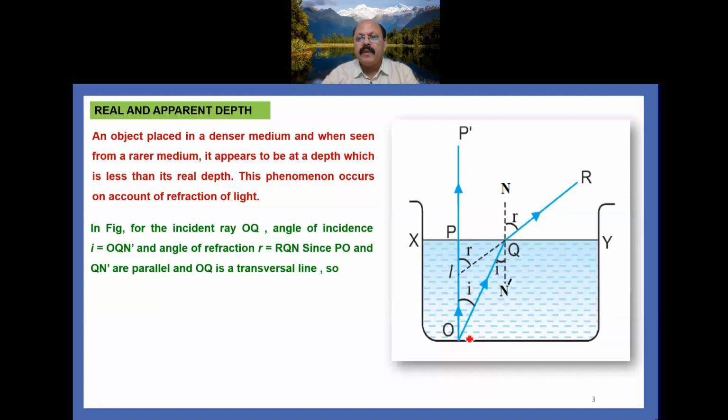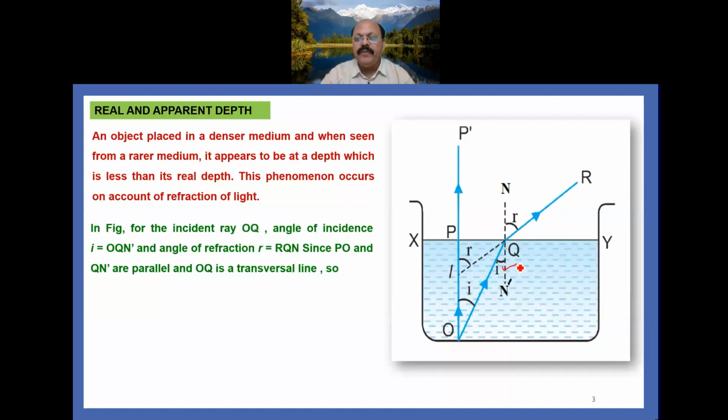Another ray which is incident along OQ makes an angle i, which is equal to the angle between OQ and the normal Q N dash, that is the angle i.